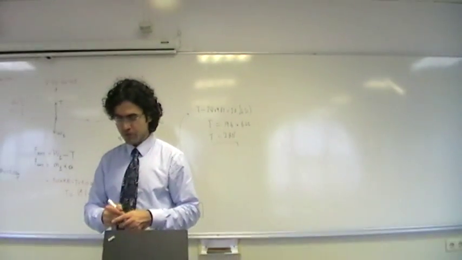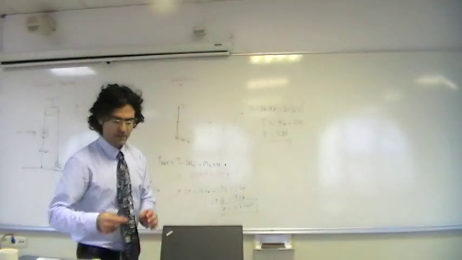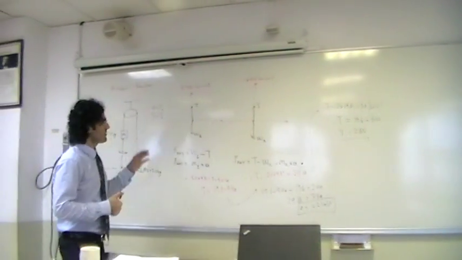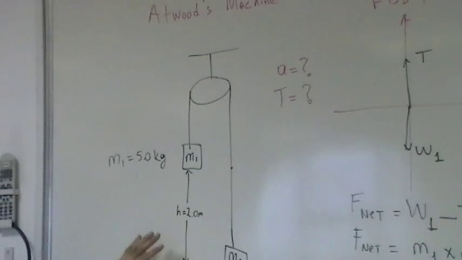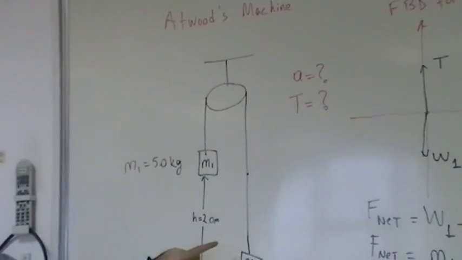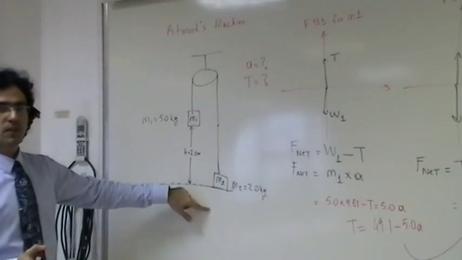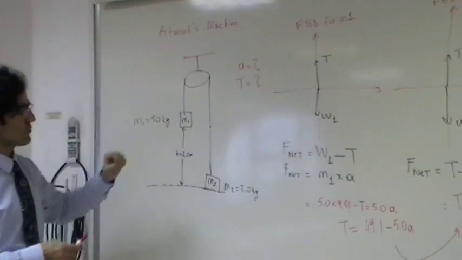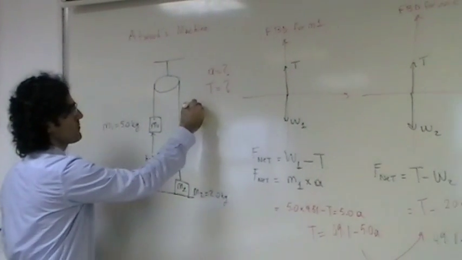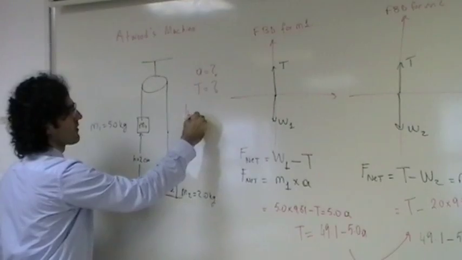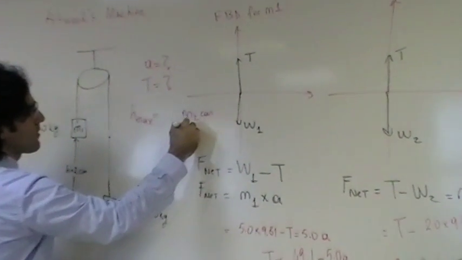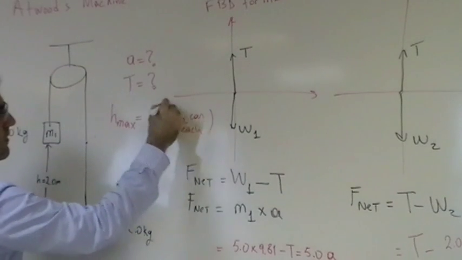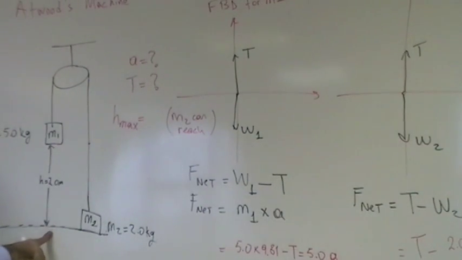Now what I want you to solve right now: I have found acceleration and tension. The system is released. As M1 touches the ground, how far from the ground can M2 reach? So I am going to ask you the maximum height that M2 can reach after M1 reaches the ground.